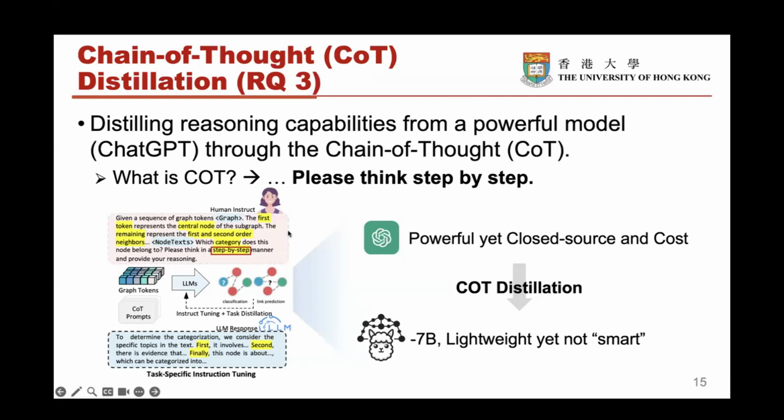In our HiGPT, we further propose more than one pattern, beyond COT, other patterns like tree of thought or panel discussion to generate multiple reasoning patterns to instruct our model.